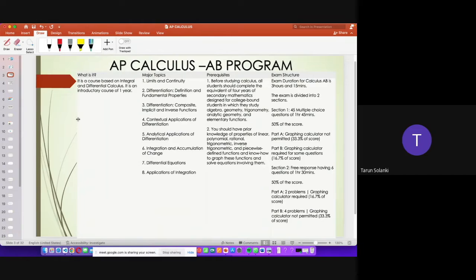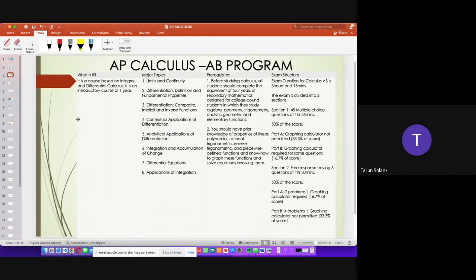Third, differentiation again, at a higher level, like composite, implicit, and inverse functions. Fourth is the application of differentiation. Fifth is analytical application of differentiation. Sixth, we study integration and accumulation of change. Seventh, differential equations. Eighth is applications of integration.